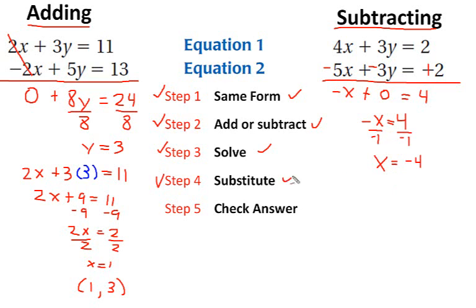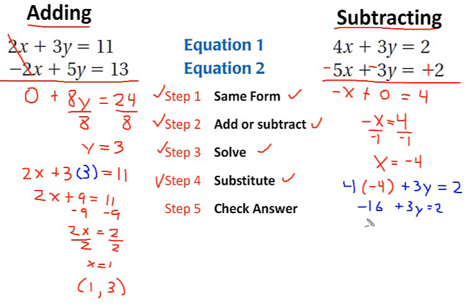Alright, now we're on the substitute step. We want to find out what y equals, so we're going to substitute this back in for x. I'm going to go ahead and use this top equation. So I have 4x, which my x is -4, plus 3y equals 2. When I multiply these together, I get -16 plus 3y equals 2.